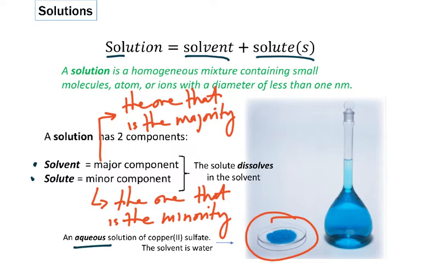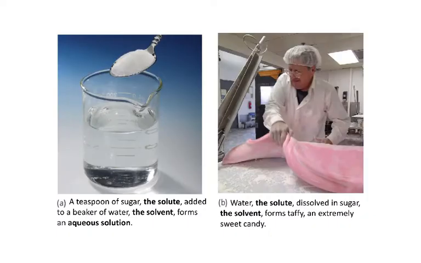Just kind of naming there. Now water is not always the solvent. In example A here, we have a teaspoon of sugar added to a beaker of water. So in this case, sugar is the solute and water is the solvent, and so it's an aqueous solution.